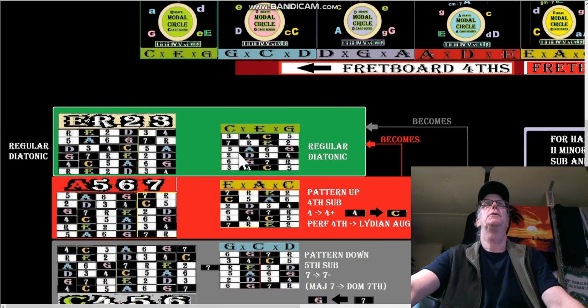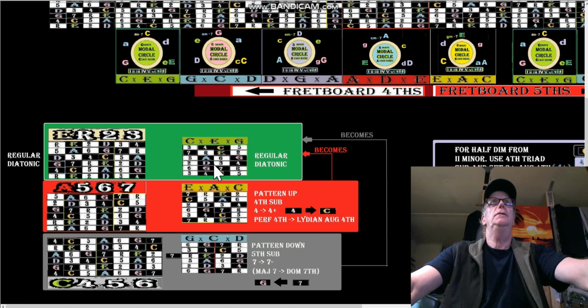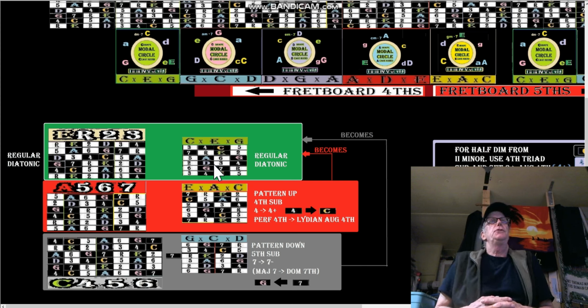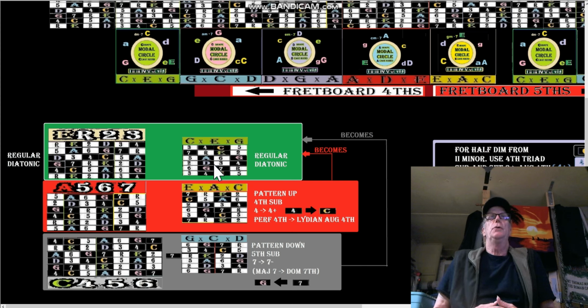Now let's look at what's going on with the substitutions. The reason why I started doing the substitutions is it's easy to do substitutions with the regular cage system, but when we go to the modal cage system that I made, the subs and the long patterns, the substitutions become more valuable.